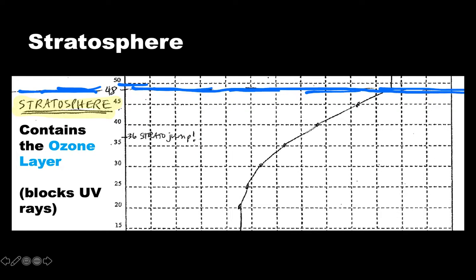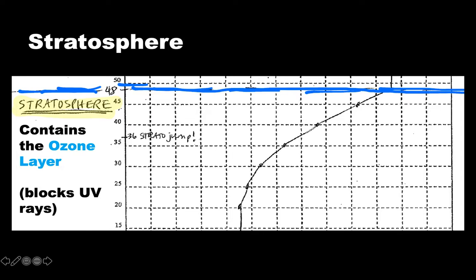The next thing that I would like for you to do is to draw a straight line across at the 48-kilometer mark. You may need to add this one in between 45 and 50. You are going to label this as your stratosphere. Strato means spreading. And the big thing with our stratosphere is that it contains our ozone layer.